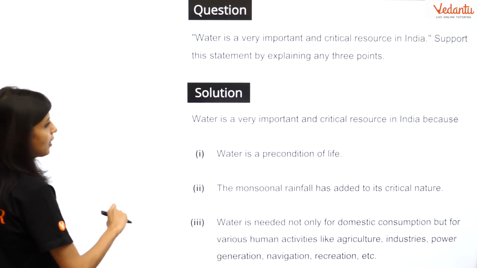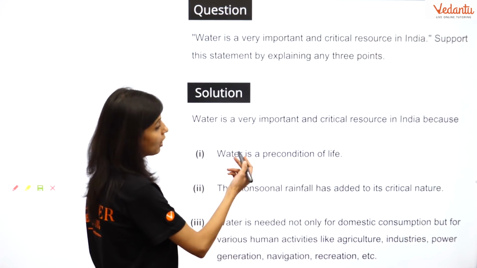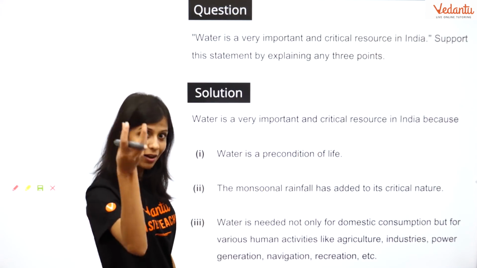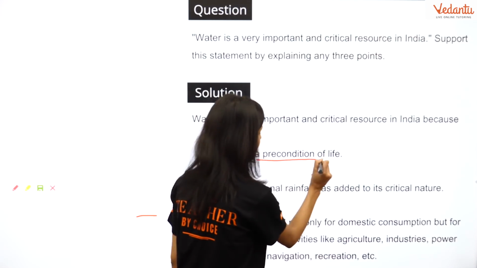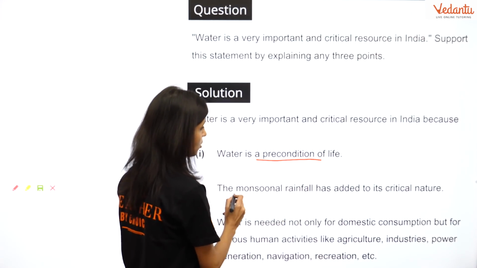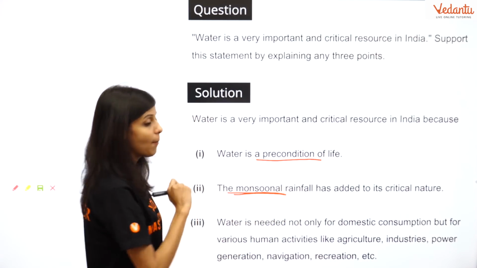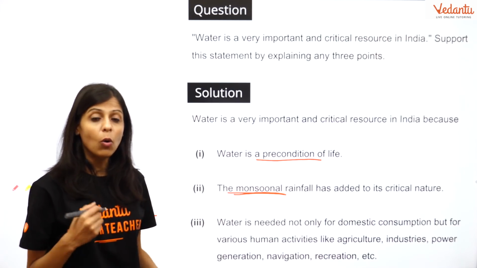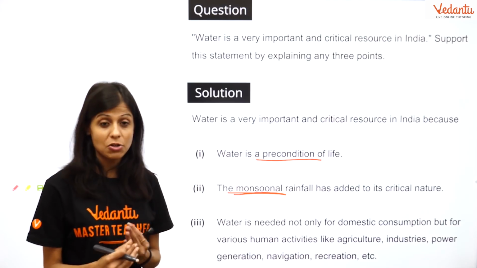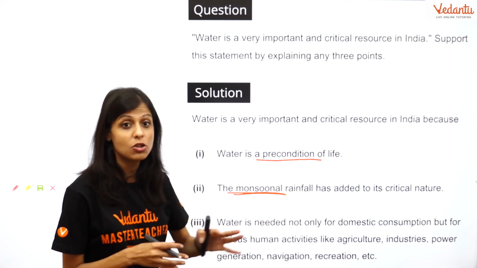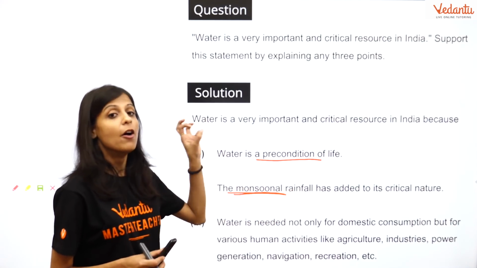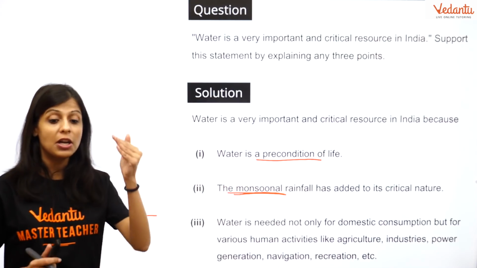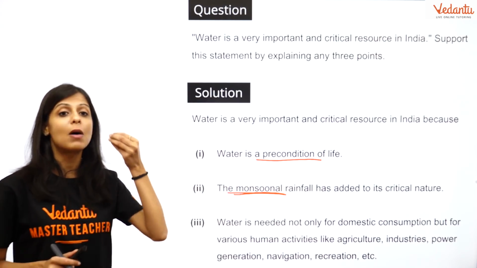Here you're going to underline in this question that we are looking for important critical reasons. So the precondition, then erratic monsoons, we are not very sure about the monsoon rainfall. We need water not only for domestic consumption. I'm going to give you 5 pointers so that if the question comes up for 3 marks and you've not written 80 words, you're going to lose marks on that.